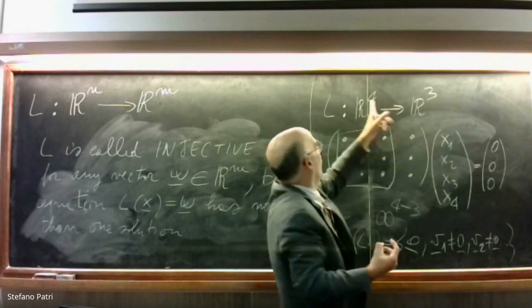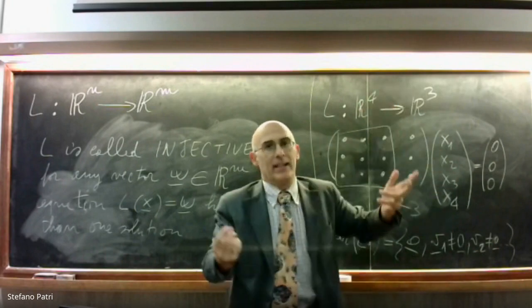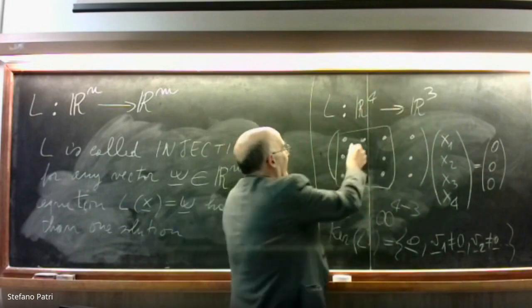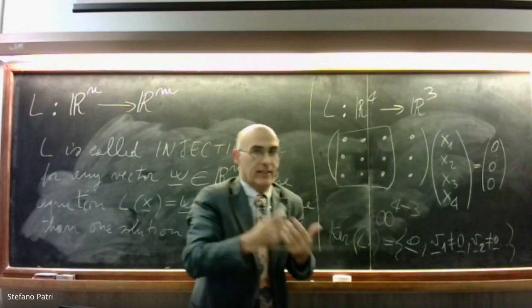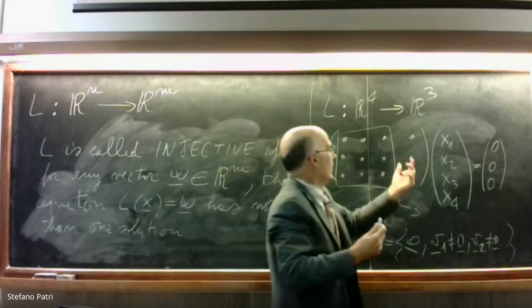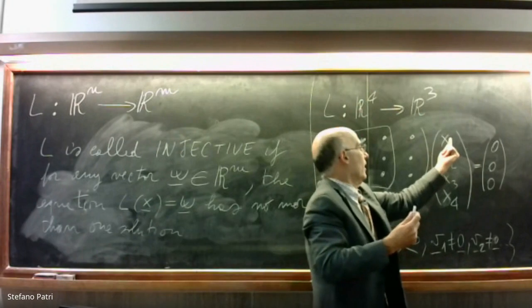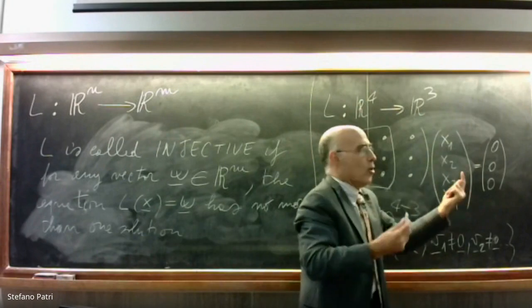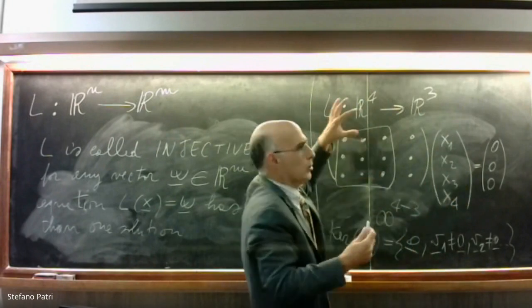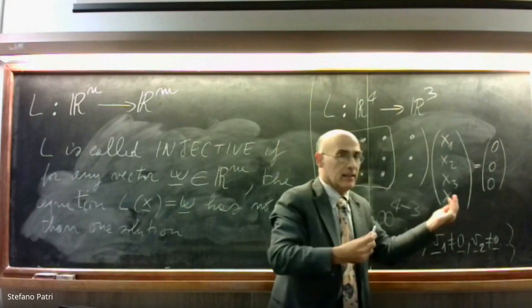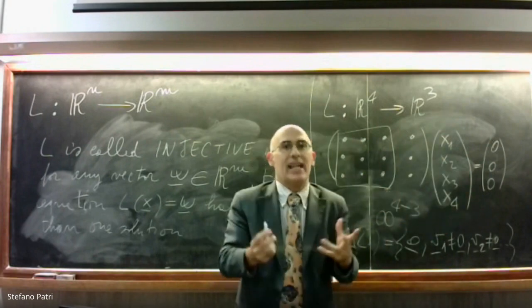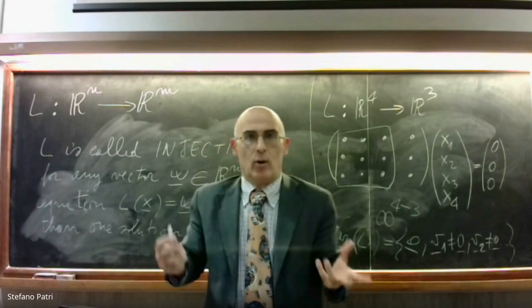It's the dimension 4 of the first space. If the highest possible rank is always less than the number of unknowns, 3 or 2 or 1, then the system can never have a unique solution.